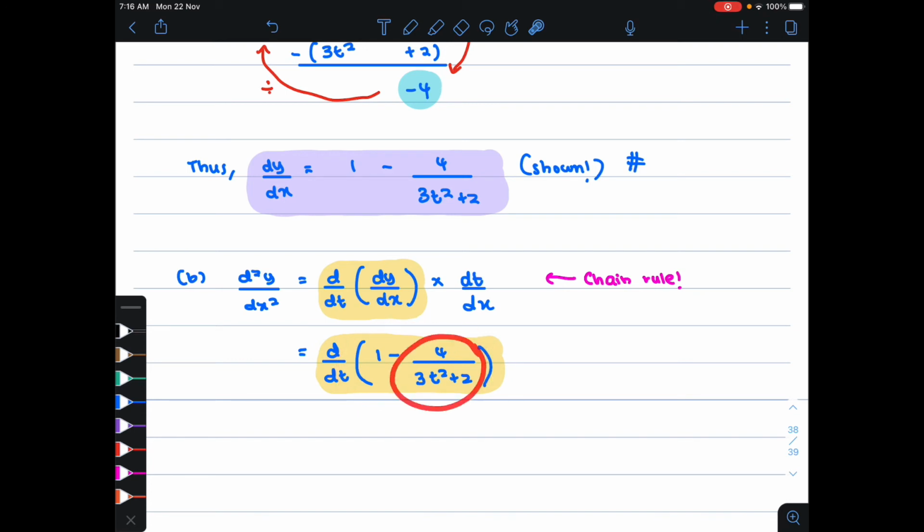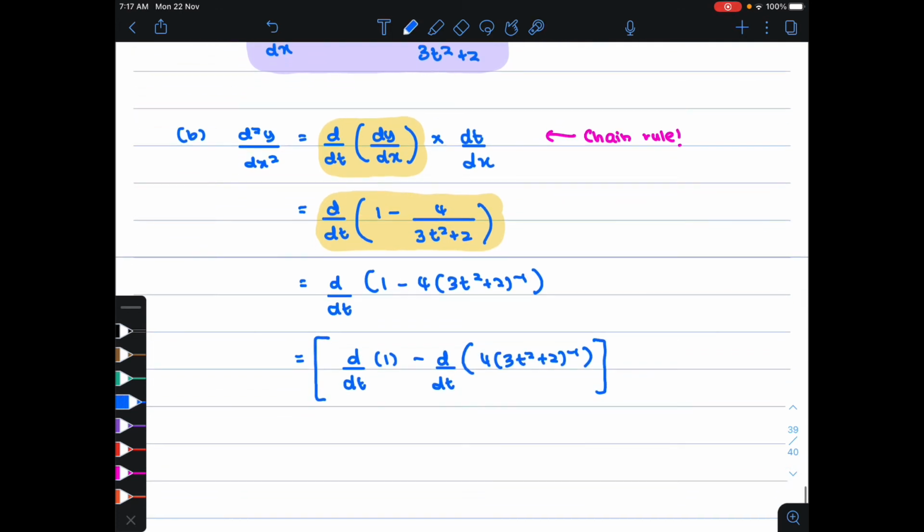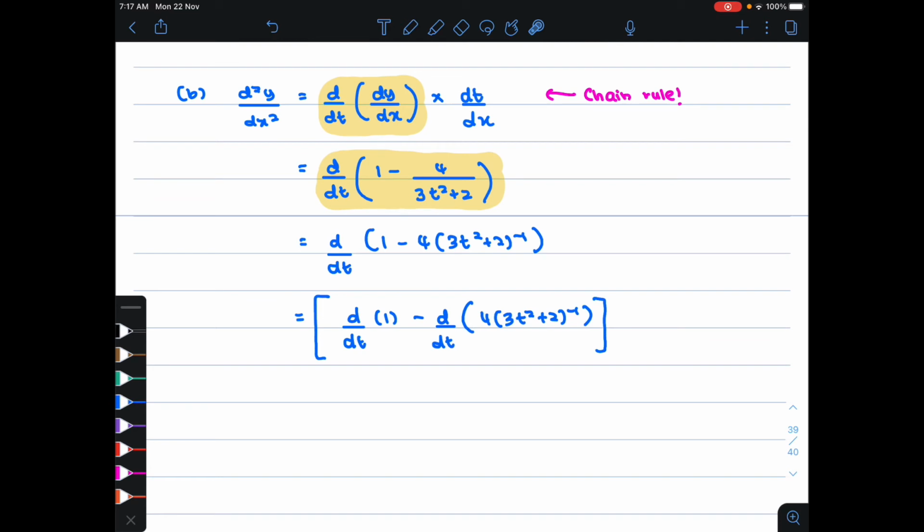So I'm going to change this so that you'll get 4 times 3t squared plus 2 to the power of negative 1, because this is to the power of 1. And hence, when we differentiate with respect to t, let's separate this into two differentiations, like so. So now let's differentiate each term.